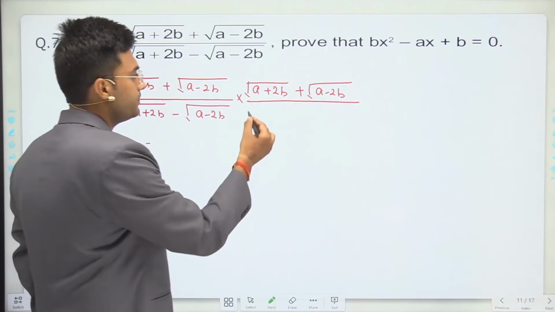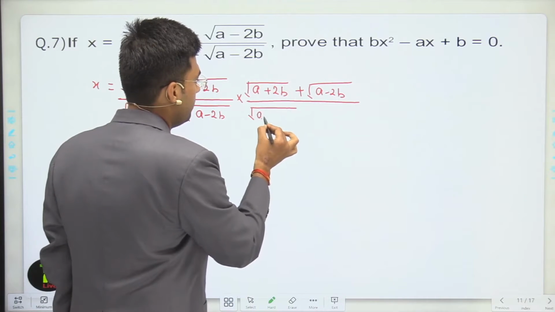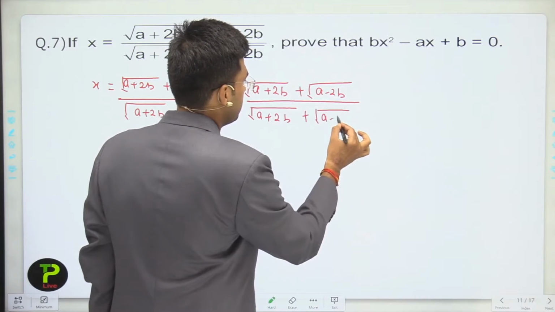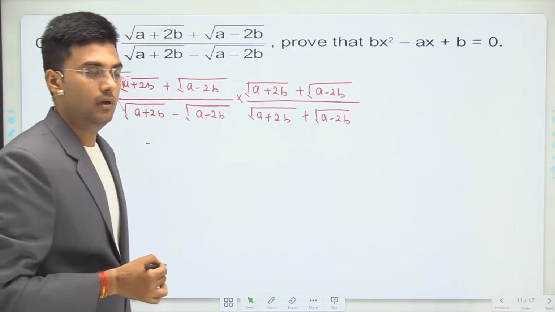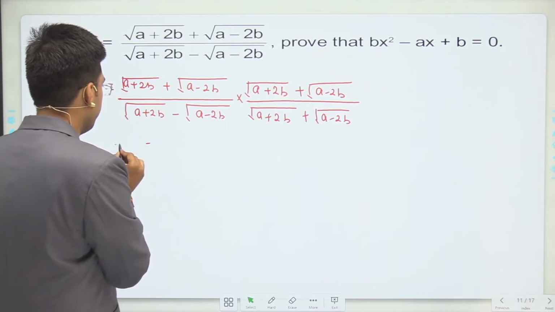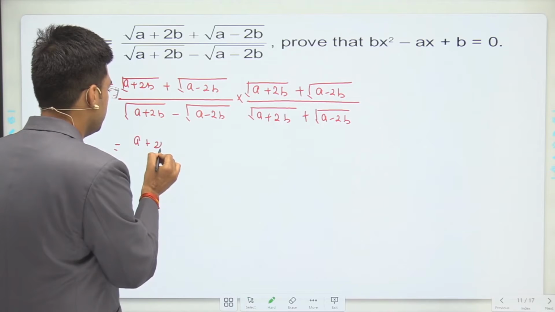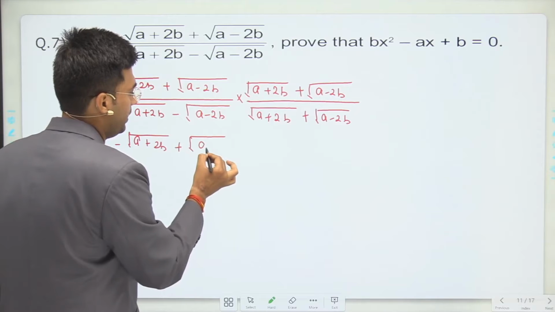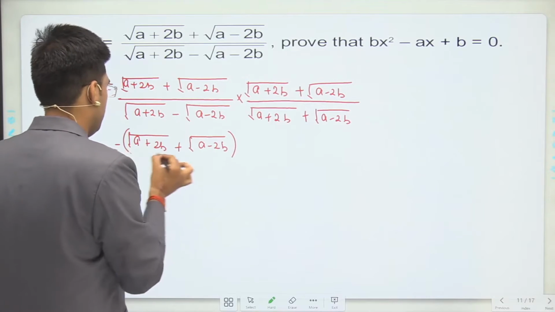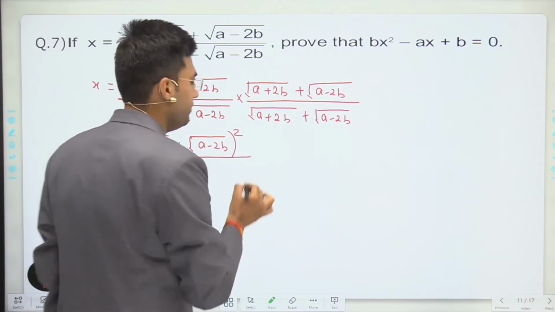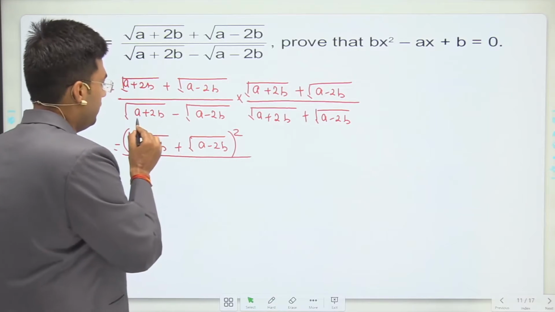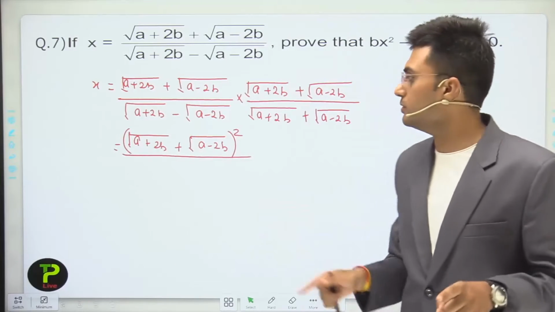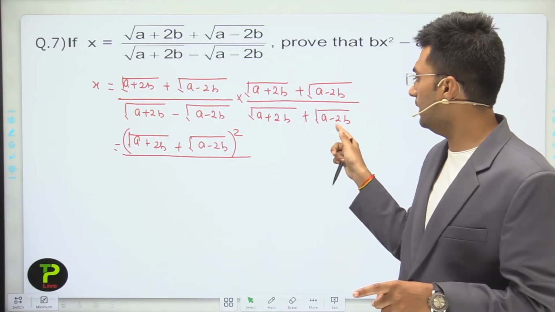Now when we solve this, what will we get? We will get root a plus 2b plus root a minus 2b whole square divided by root a plus 2b minus root a minus 2b multiplied by root a plus 2b plus root a minus 2b.